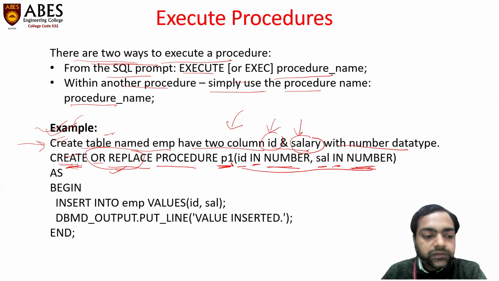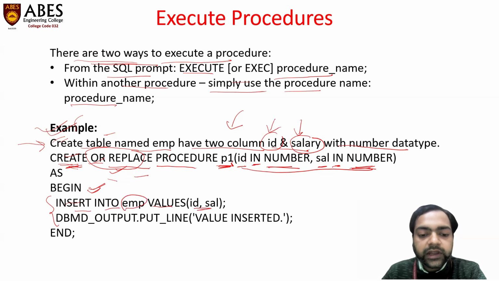Now we need to start the begin section. Under the begin section, we have already understood that we need to provide the execution section, and what we need to execute here is the insert statement, same as we have provided in SQL. Insert, then into, then we provide the table name, and then values.